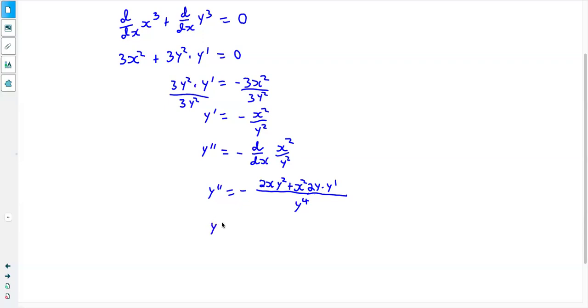So cleaning this up a little bit, that gives us y double prime is equal to negative of 2x y squared plus 2x squared y times y prime over y to the power of 4.